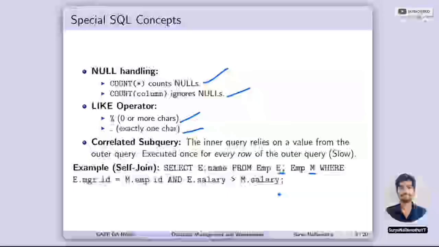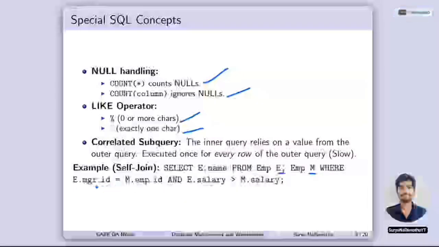Here this condition says that first we observe the employee as E. Select e.name from employee E means from the employees table it selects the name of the employee. Then employee M is the manager, and in this joining the manager ID is matched at this position.